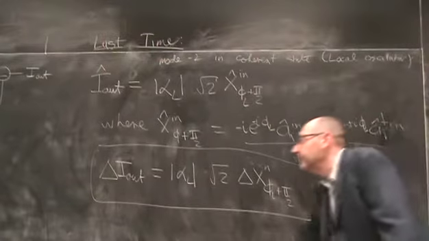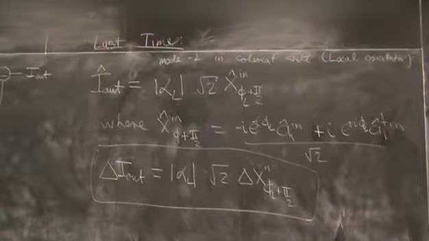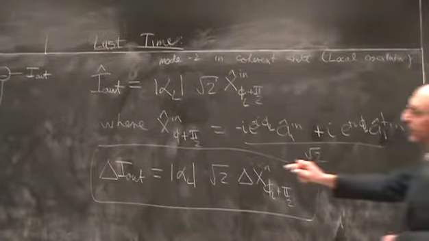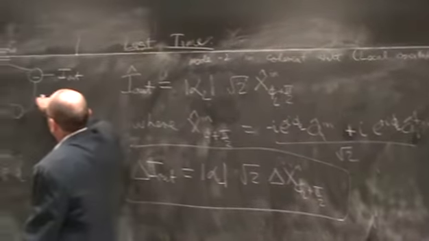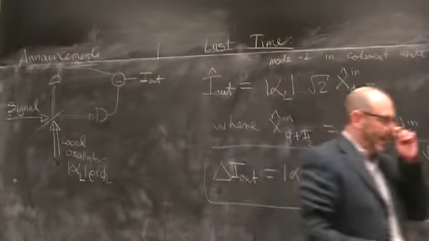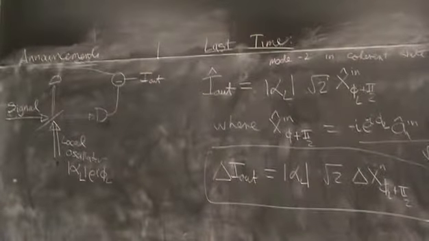So that's the key point. And so, what we see then is the following. If I looked at the photocurrent difference that comes out of my balanced homodyne detector, what would it look like?